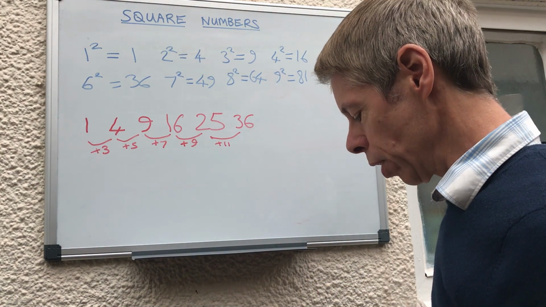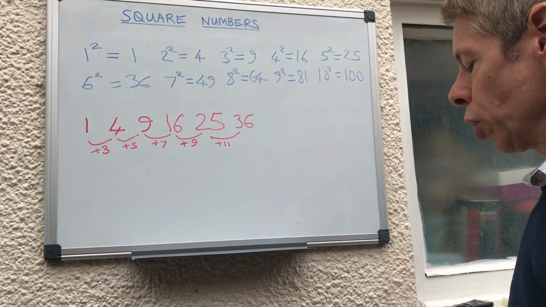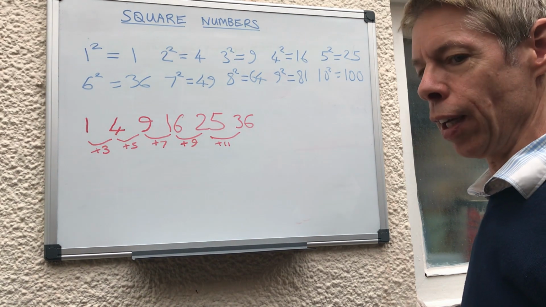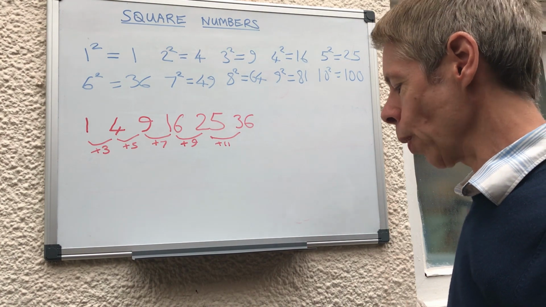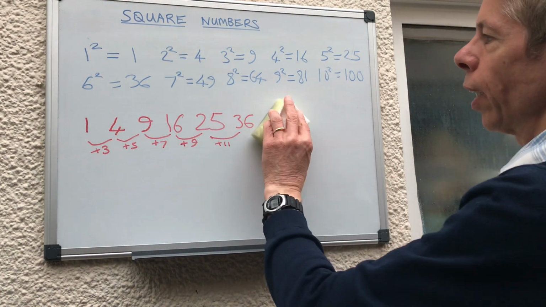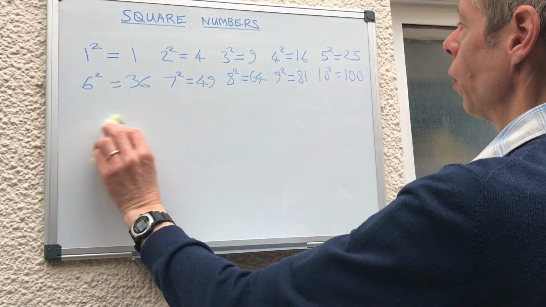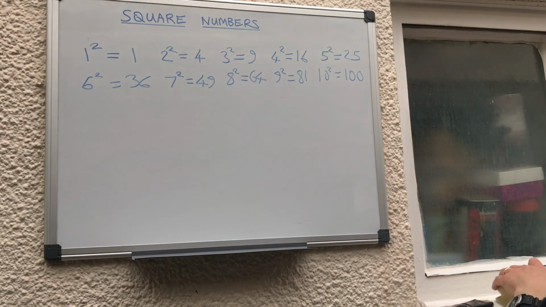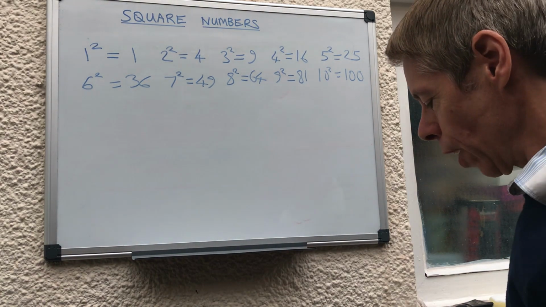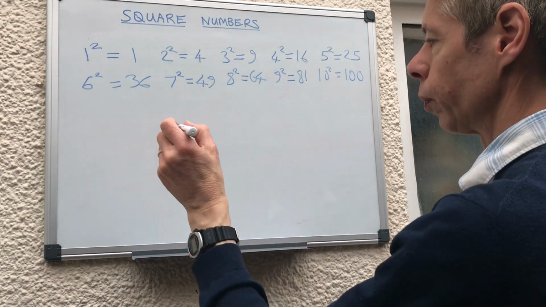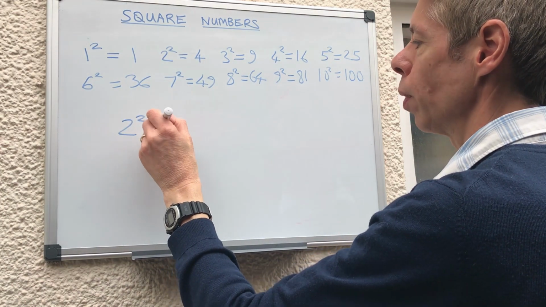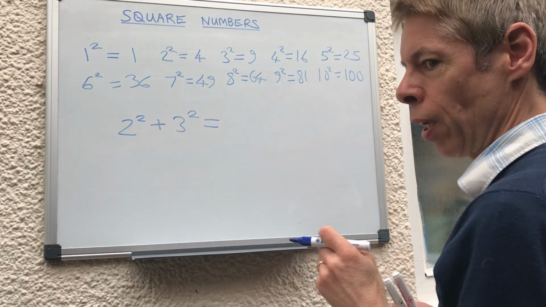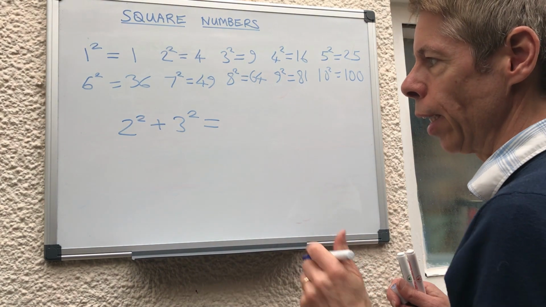Right, what I'm going to do now is just give you a few examples of simple calculations, just involving adding square numbers together. And then I'm going to get you to try a few yourself. I'm actually going to leave it up there just to make it a little bit easier. Okay, so 2 squared plus 3 squared. So always do, this is part of something called BODMAS, which we'll do in a later video.